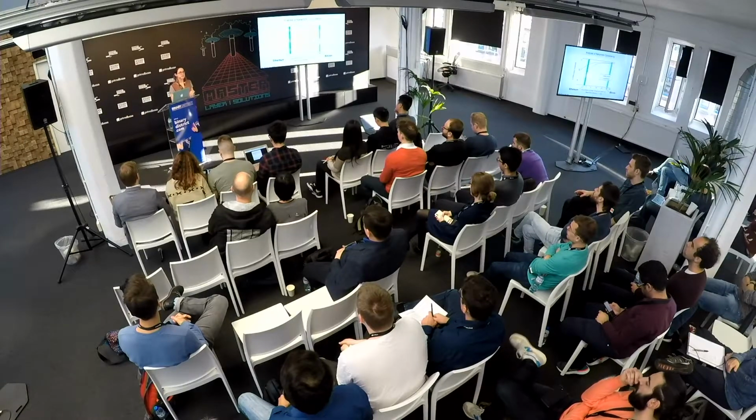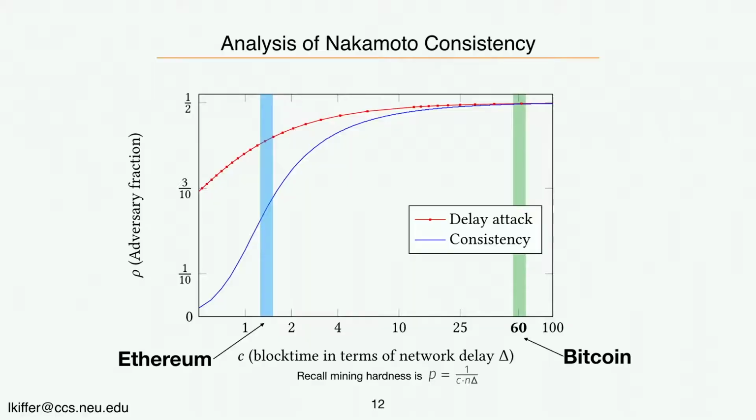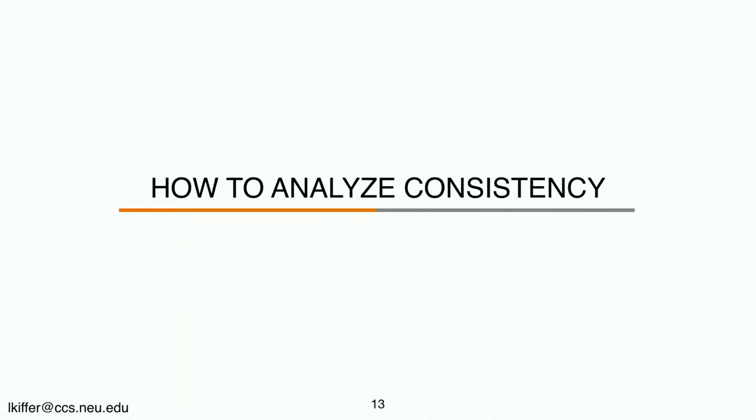Or if you have, say, bigger blocks, or your network delay is bigger, you're also going to get that your c is smaller. And again, you're less resilient to attacks on consistency. Or you have less guarantees, I should say. So how exactly do we calculate these bounds? So how do we analyze consistency?